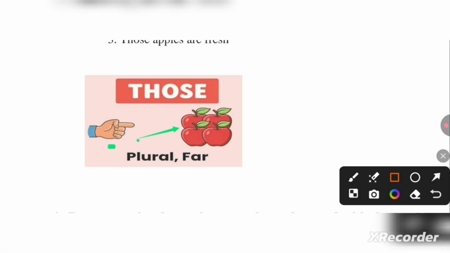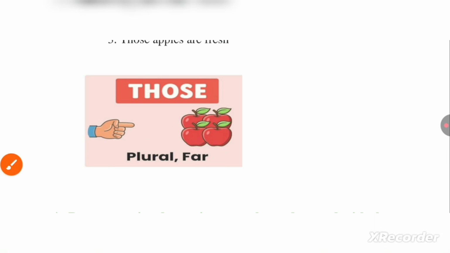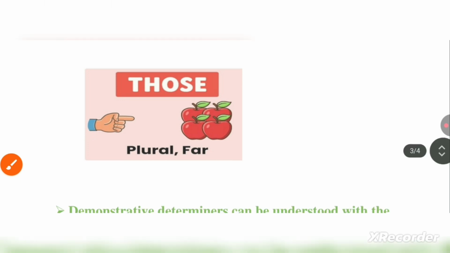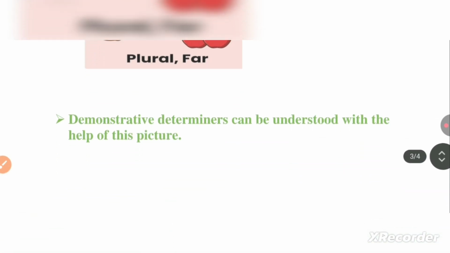Moreover, these apples are more than one. And the second condition is they are located at some distance from the speaker. If we keep these points in our mind, then the students will not make any mistakes in choosing the right determiner at the right place.